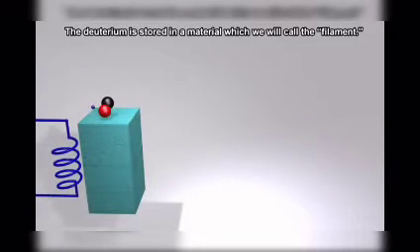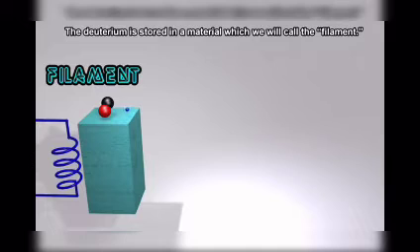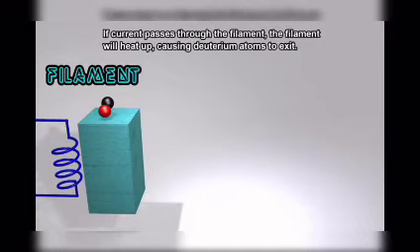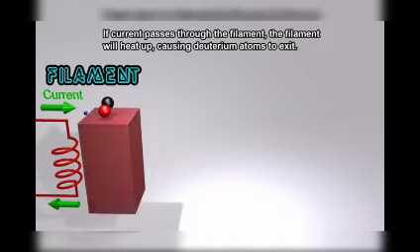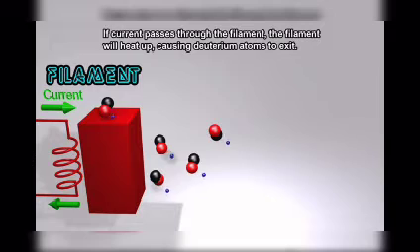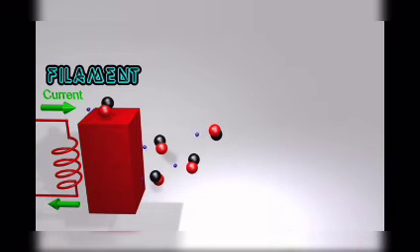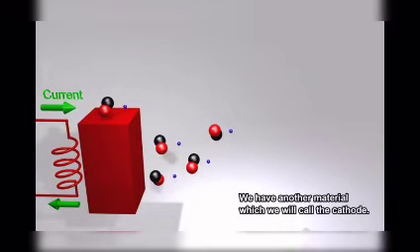The deuterium is stored in a material which we will call the filament. If current passes through the filament, it will heat up, causing deuterium atoms to exit. We have another material, which we will call the cathode.